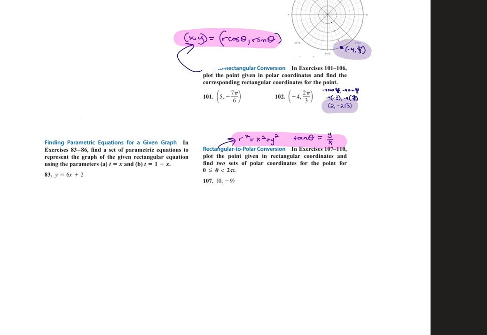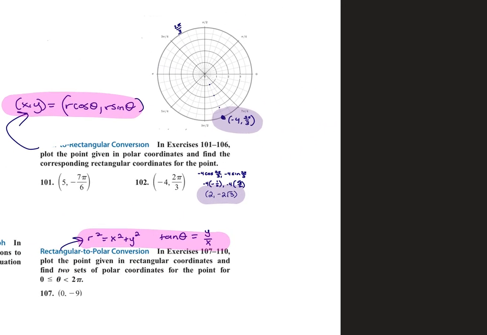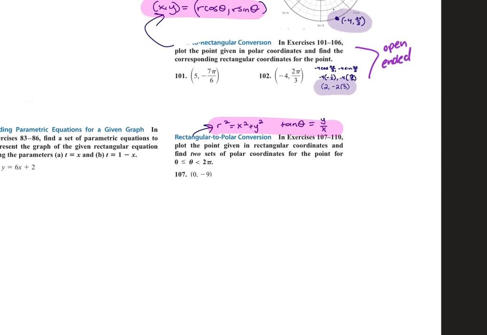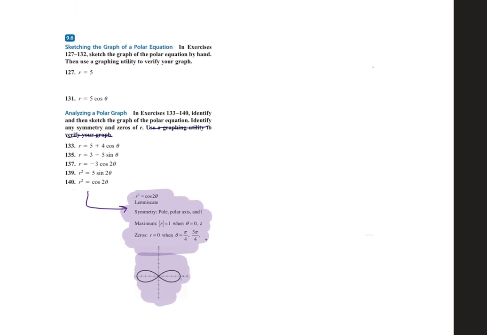And then you get to plotting your polar coordinates and converting into rectangular. That's on the open-ended part. Converting from polar to rectangular and rectangular to polar. And then 9-6 was graphing your polar graph.